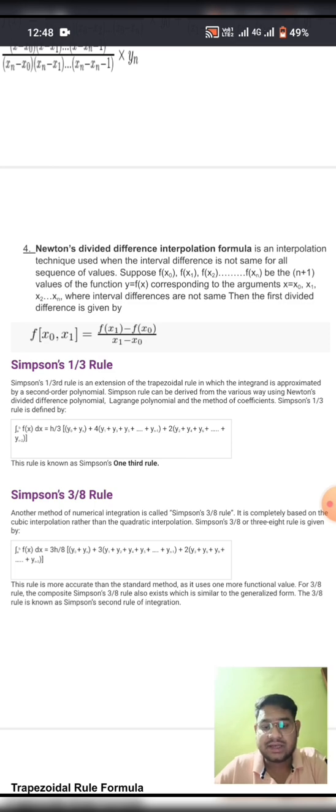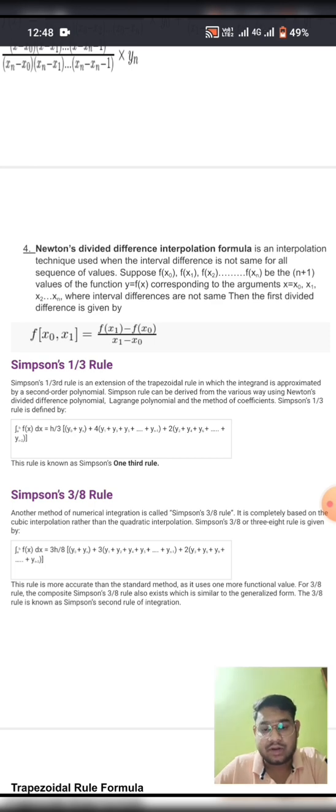Simpson's 1 by 3 rule is defined by integrating from a to b f(x) dx equals h by 3 [y0 plus yn, the starting term and the end term, plus 4 into the sum of all the odd terms plus 2 into the sum of all even terms]. This rule is known as Simpson's one third rule.